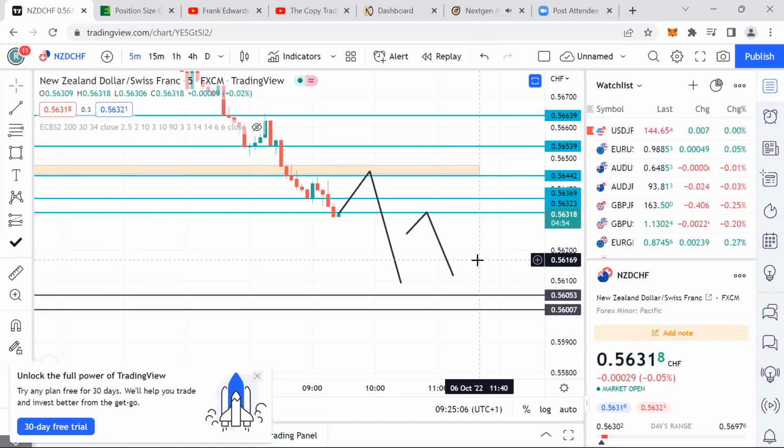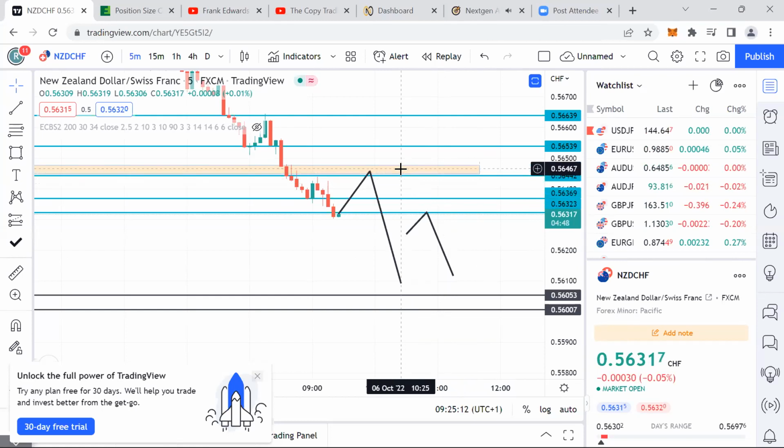So where do you set your stop loss? Please pay close attention now. You set your stop loss at the next support. So here will be our stop loss right here, or a little bit above it. You can do maybe 2 or 5 pips above it as our stop loss.